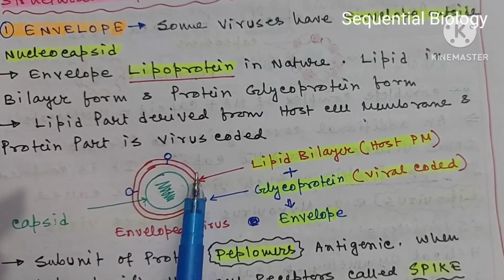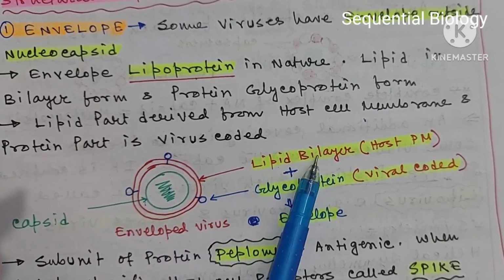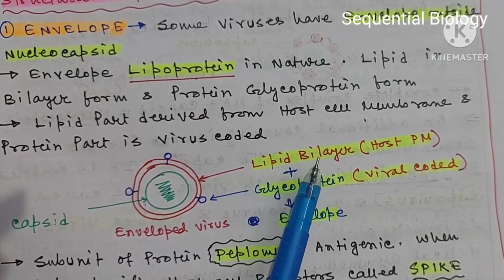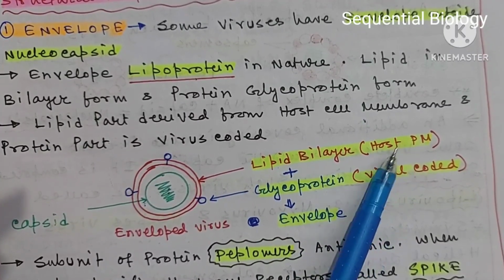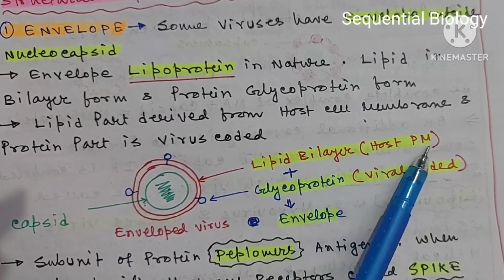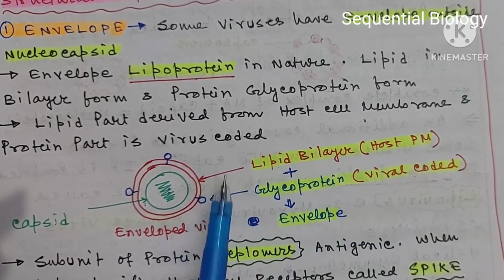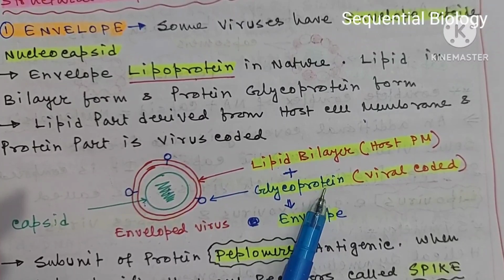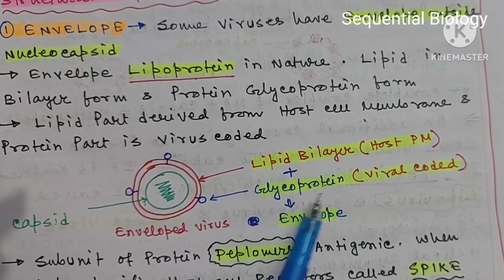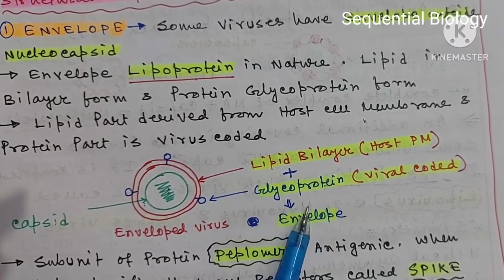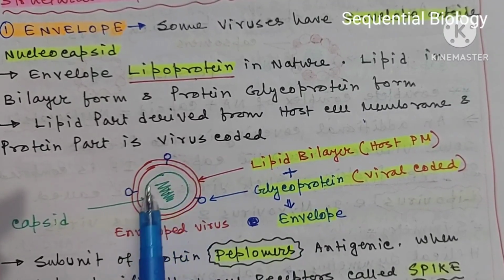Some viruses are enveloped viruses, with a lipid bilayer, and they get this lipid from the host cell plasma membrane. In this envelope the glycoprotein is present, which is solely viral encoded. So this lipid bilayer and glycoprotein form the envelope, and inside this envelope the capsid is present.